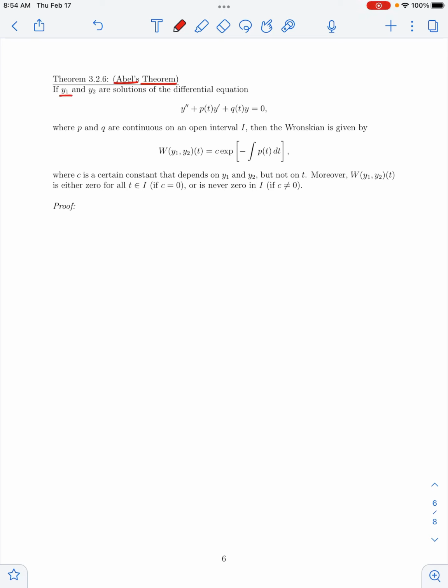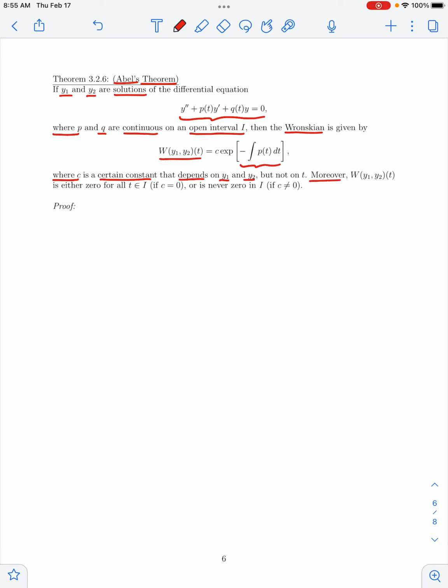If we have two solutions, y1 and y2, of the second-order homogeneous linear differential equation, which here is written in standard form, where the coefficient functions p and q are continuous on some open interval I, then the Wronskian for a set of solutions, y1 and y2, of that differential equation is given by some constant c times e raised to the negative integral of p of t dt, where c is some certain constant depending on which two solutions of the equation we're working with, y1 and y2.